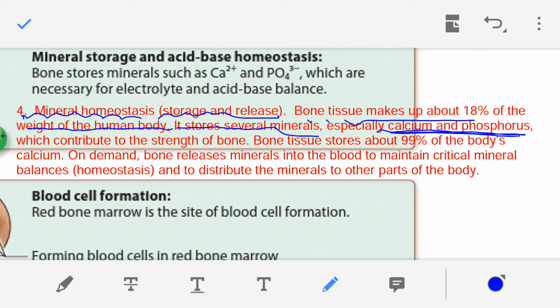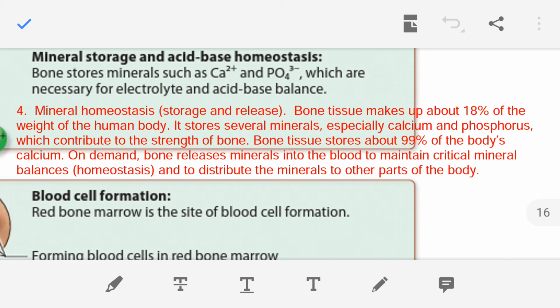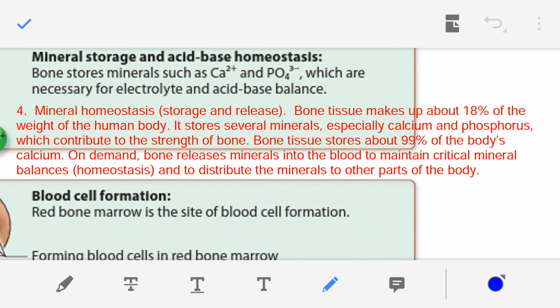And this calcium and phosphorus contribute to the strength of the bone. We know that our bones are very tough, very solid. The reason for that is inside the bone the calcium and phosphorus is stored. That's why our bones are very strong.